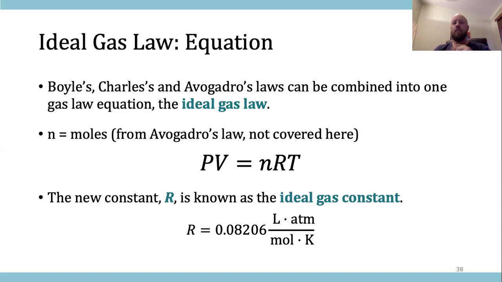That means these things all have to be in these units. Pressure has to be in atm. Volume has to be in liters. Moles, obviously, and Kelvin has to be the temperature. Everything here has to be these particular units.